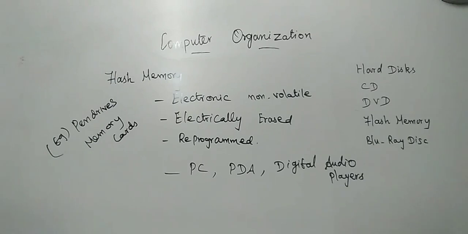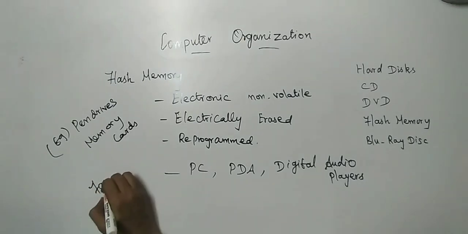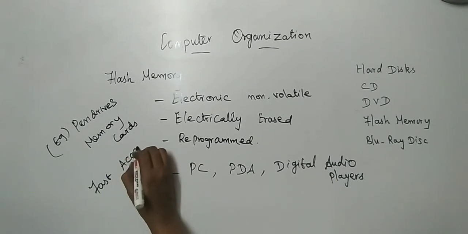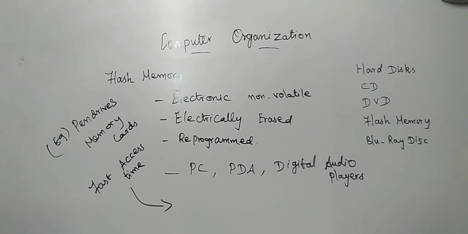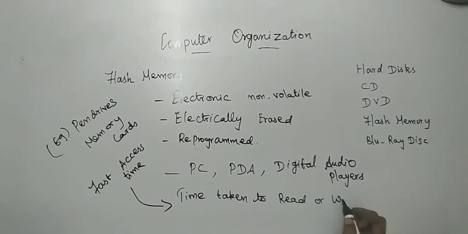So flash memory offers fast access time. It is going to give fast access time. What do you mean by access time? It is nothing but the time taken to read or write a character.